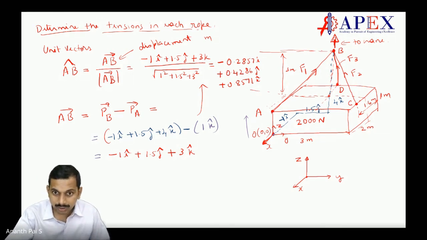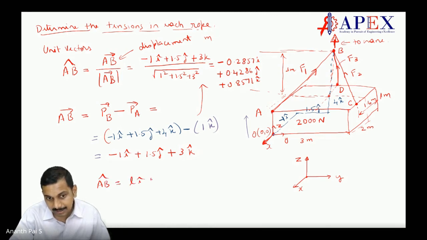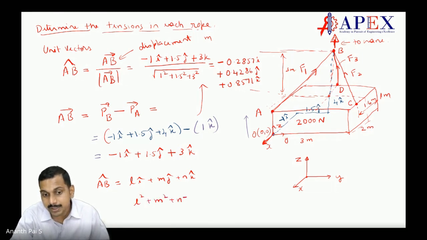So here, this unit vector AB can be written as Li plus Mj plus Nk. Now we have seen that L square plus M square plus N square is equal to 1. I'm sorry, not 0, it is 1.